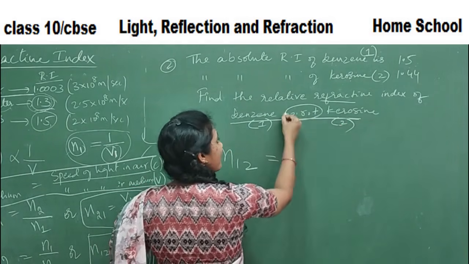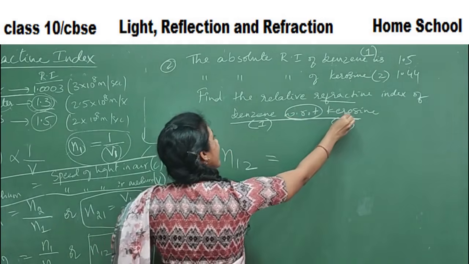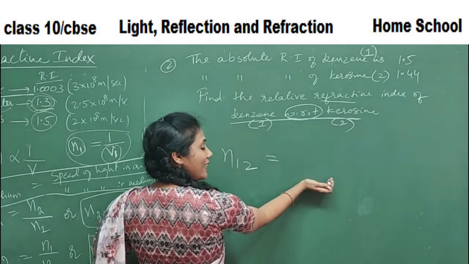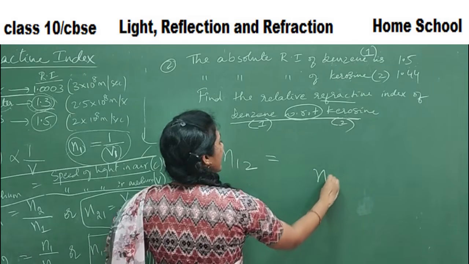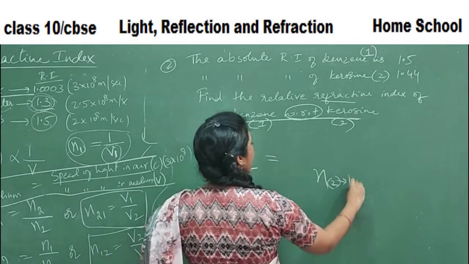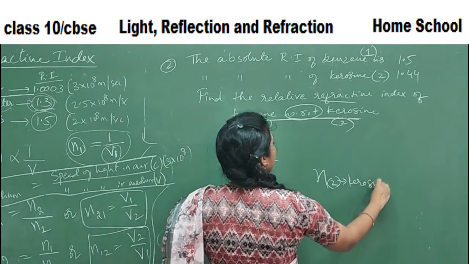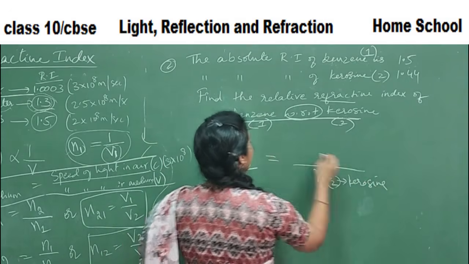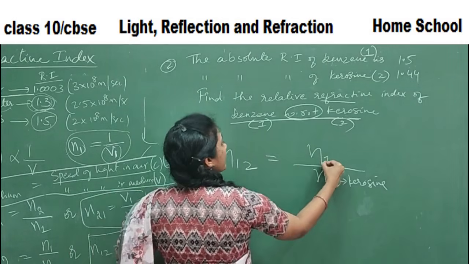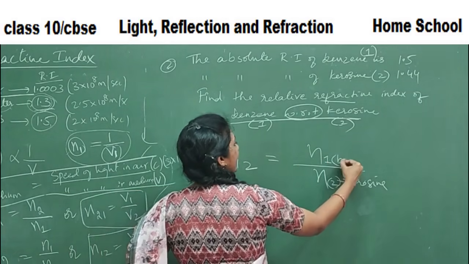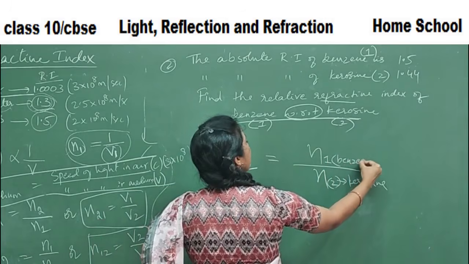For 1 with respect to 2, whatever comes after the words 'with respect to' should be written in the denominator, right? So what will you write? Refractive index of 2. What is your 2 here? Kerosene. Don't get confused. In the numerator, the refractive index of 1 should come. What is 1? It is benzene.